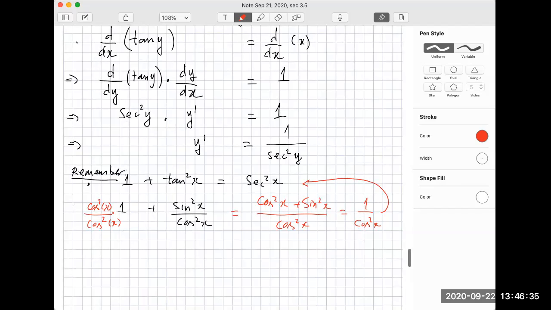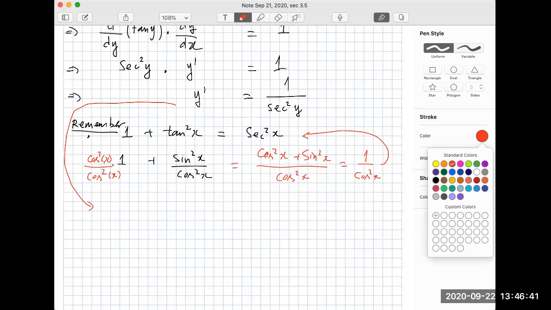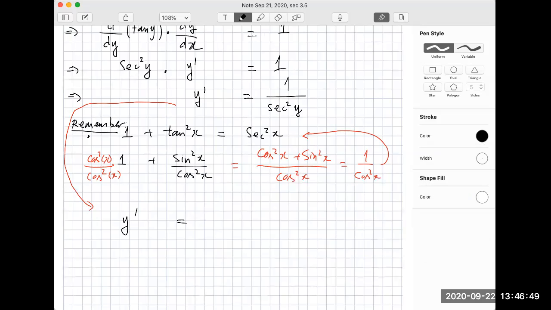So from this, therefore, we can write everything in terms of tan, right? So therefore, y prime will be, instead of writing things in terms of secant, we can write it in terms of 1 plus tan square.